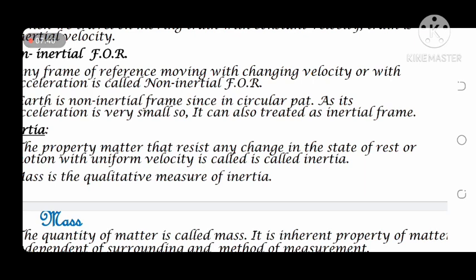If we switch on the ceiling fan, we see the ceiling fan gets uniform velocity after a certain time because, due to rest inertia, the fan is resisting the motion.